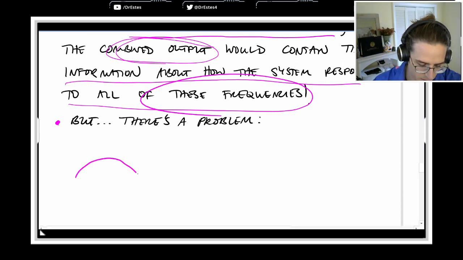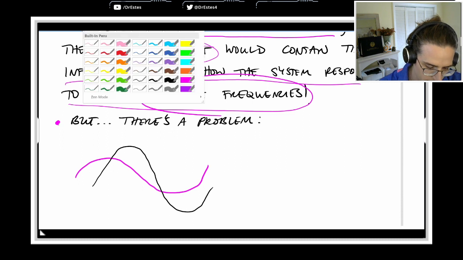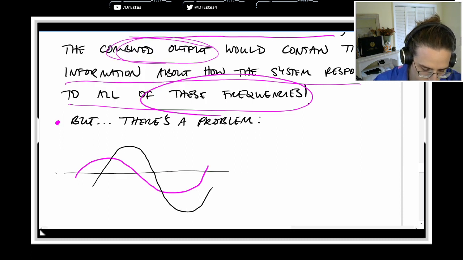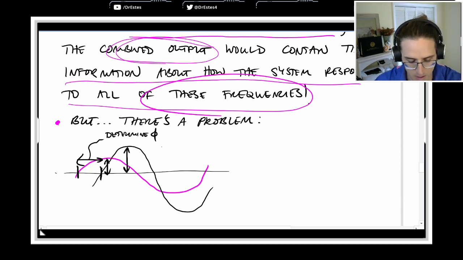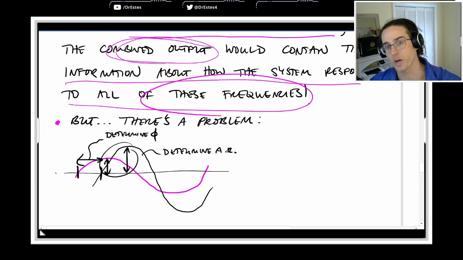Let's say this is the input and this is the output at that same frequency. You could look at the time delay here and from here determine the phase. And you could easily compare the amplitudes, and then determine the amplitude ratio. It's really straightforward if you just have two signals and they each have one frequency.